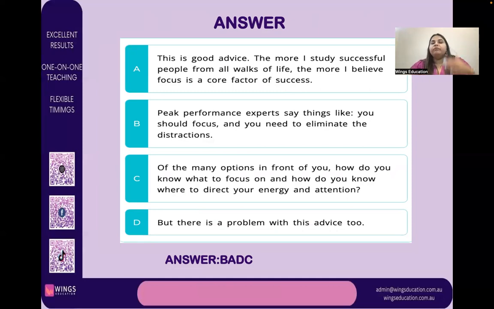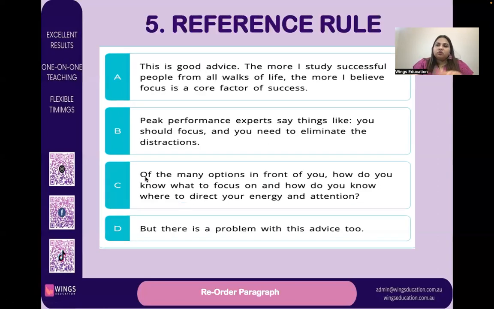So that was in A. And then from A to D, because they're saying there's a problem with this advice. So first you talk about that success thing, and then you're going to the other one. One of the options in front of you, how do you know what to focus on? So like they're detailing the problem there. So after D, we have C. So this is called the concept of reference rule.